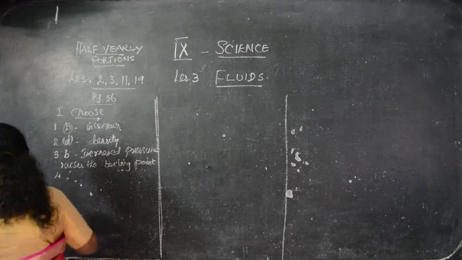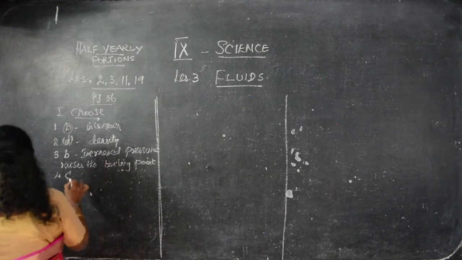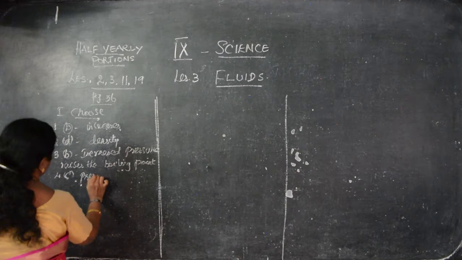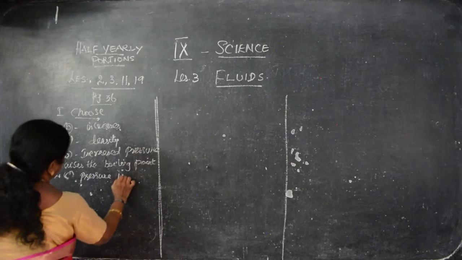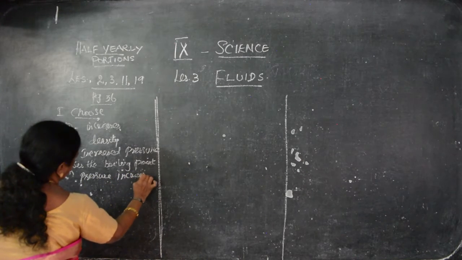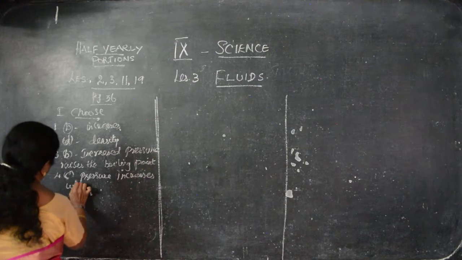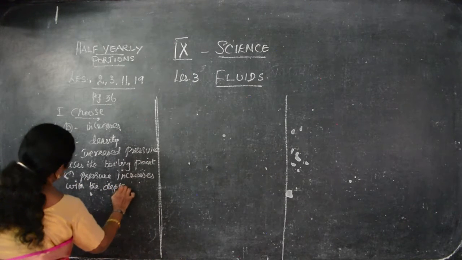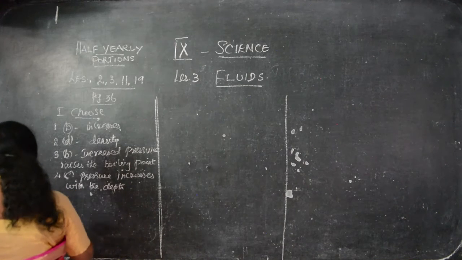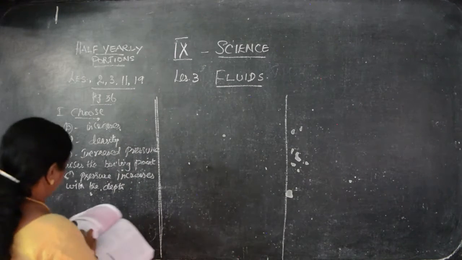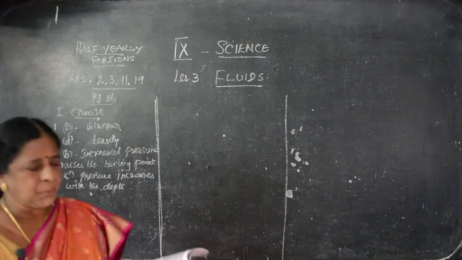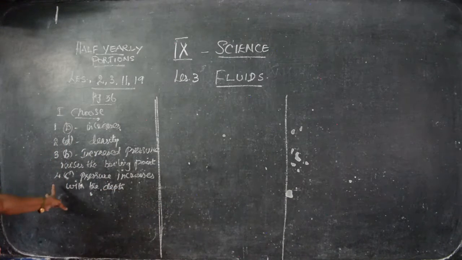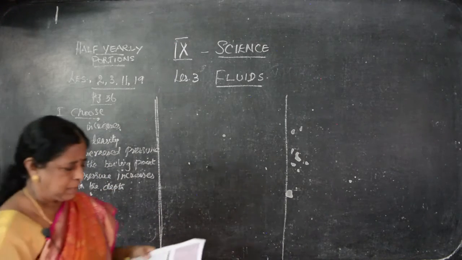And the fourth one is C, pressure increases with the depth. And the last one, only four. Next we have to go for fill in the blanks. First one, so clear? B, D, B, C. Clear. Next we have to go for fill in the blanks.